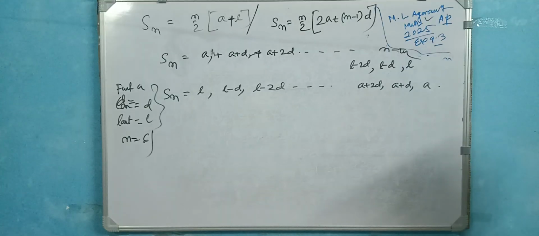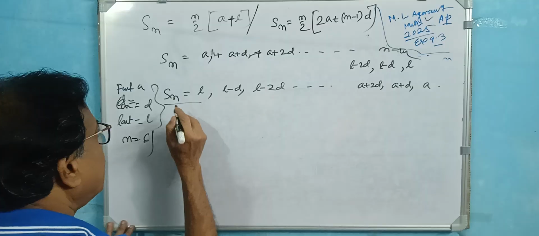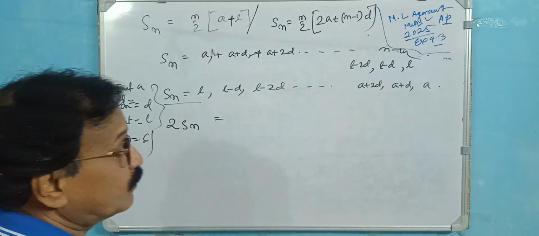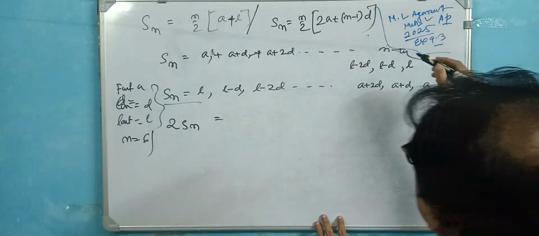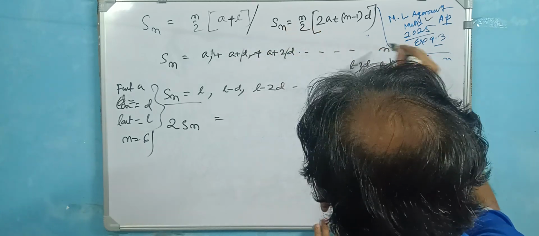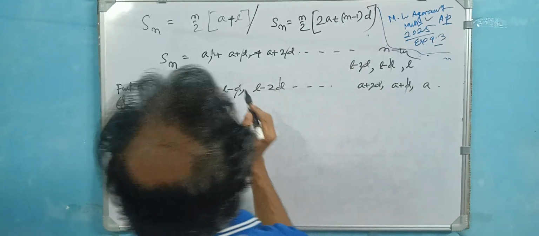In the book, this is the sum. Sum means this is Sn, and adding the two gives 2 of Sn. Here you see the plus d and minus d cancel out. That means what is the total?